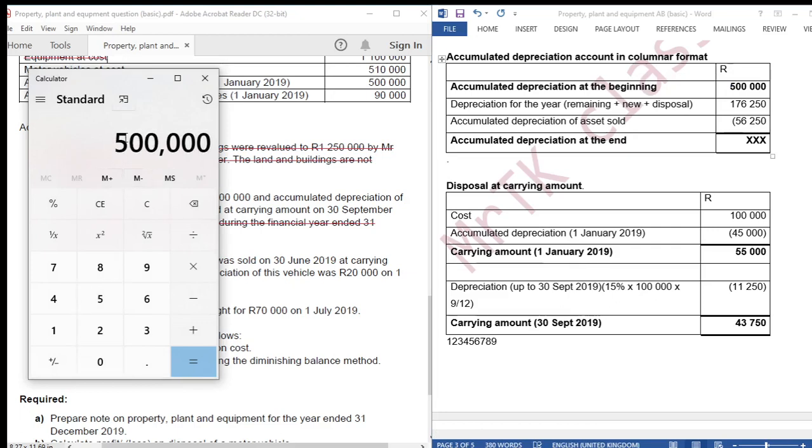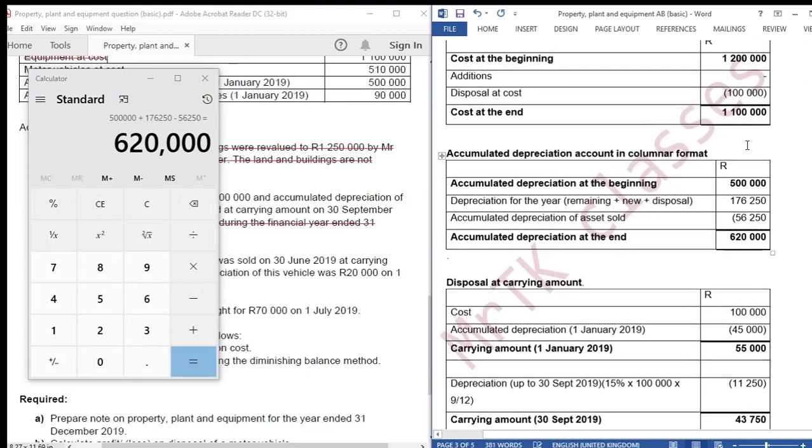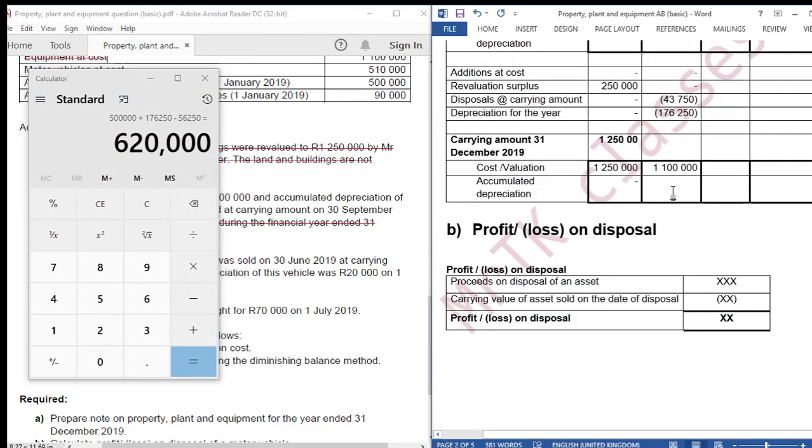We are going to do this: 500,000 plus 176,250, subtract 56,250. We are going to get 620,000. Accumulated depreciation at the end, 620,000. Going to come here, 620,000. All right.